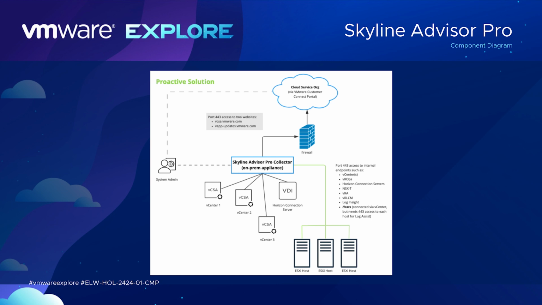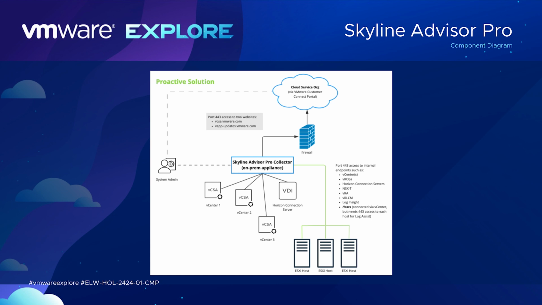Whenever you go to use that Log Assist feature that I was mentioning, I've opened a support request and I want to upload logs through Skyline, I don't want to be pulling those back across my network and then out the appliance. So that's where I would want an appliance that's close to the site where I'm going to be uploading logs from. That would be the one time. But that being said, if you look it up, Skyline is, I think, the only VMware product that has no configuration maximums. That is correct.